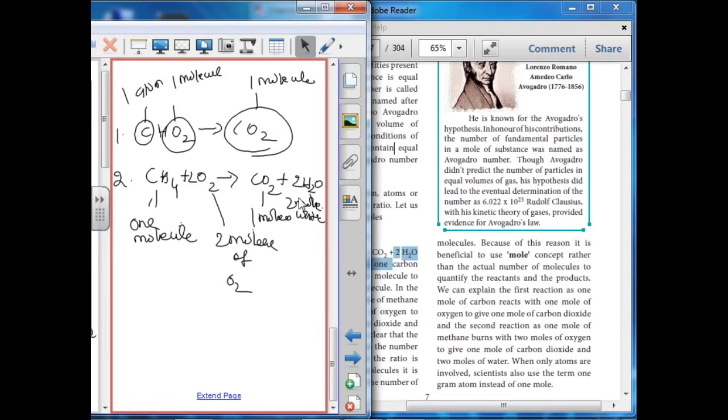This is an easy way to calculate the number of molecules. When only atoms are involved, scientists also use the term 1 gram atom instead of 1 mole. If molecules are involved in chemical reactions, we can use the mole concept to calculate quantity.